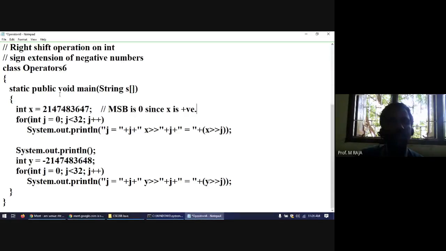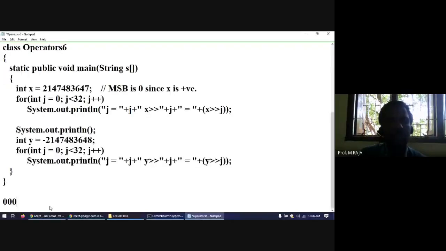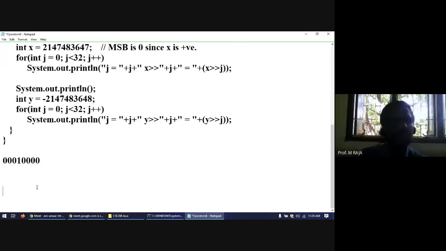Suppose it is 16. 16 means what happens here, for example, 0 0 0, then 1 0 0, 1 2 4 8. 16 means here 1. Consider this as a byte variable. Performing the bitwise right shift operation, these first 7 digits are moved from this position to this position.